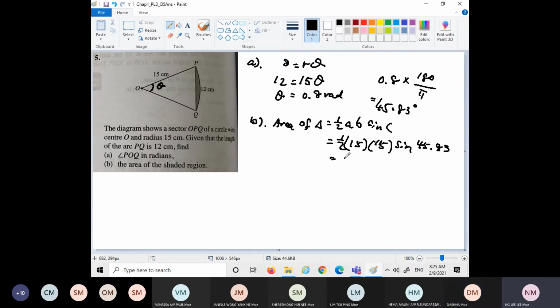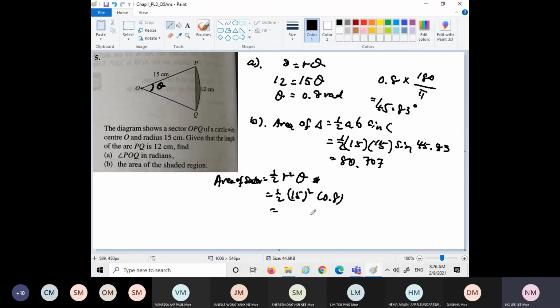Okay, so this part you are getting 80.707. Now you find the area of the sector. So half r square theta. Area of sector. The r here is 15, the theta is 0.8.